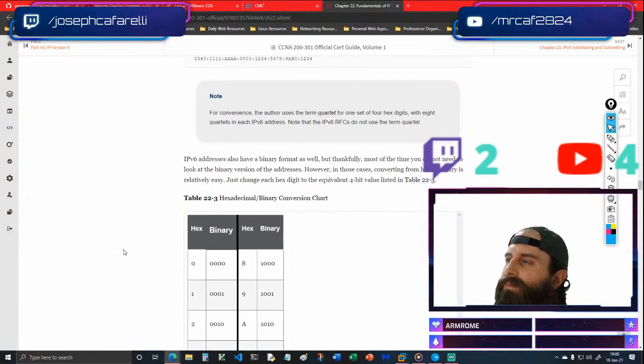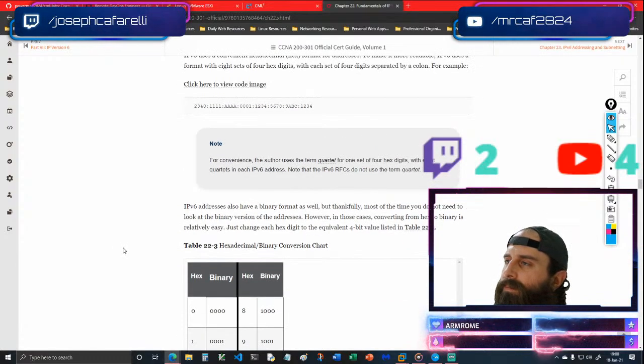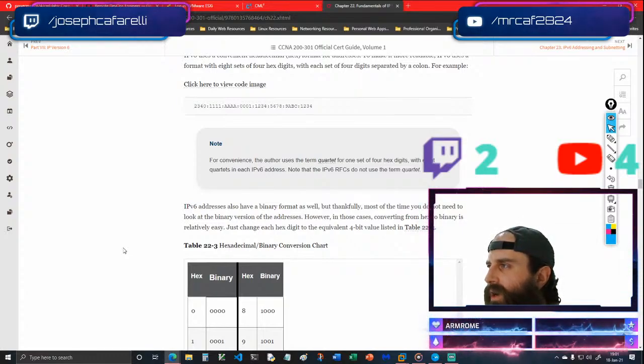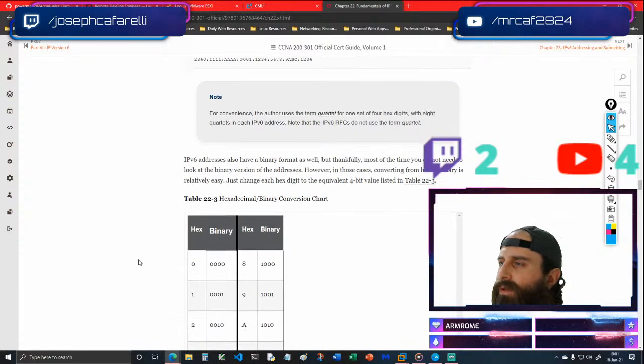IPv6 also has a binary format as well, but thankfully for most of the time you do not need to look at the binary version of the address. However, in those cases, converting from hex to binary is relatively easy. Just change each hex digit to the equivalent 4-bit value listed in the table.